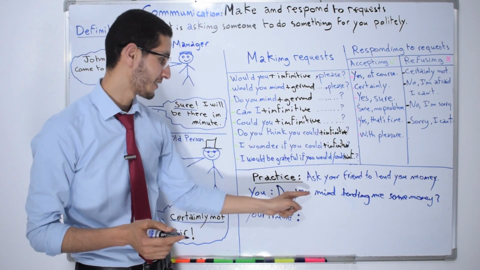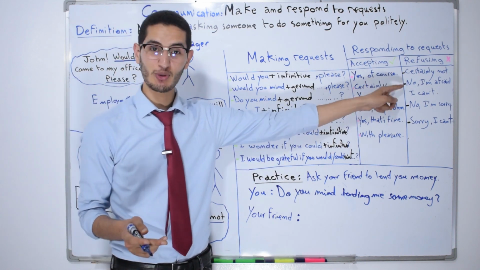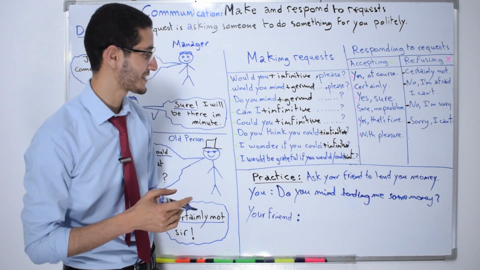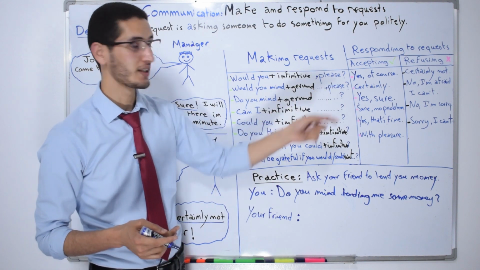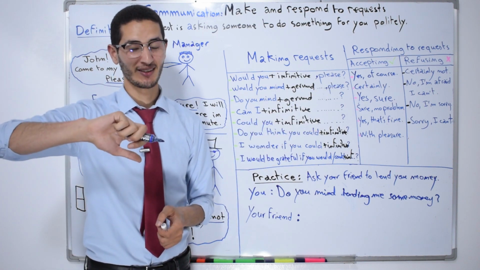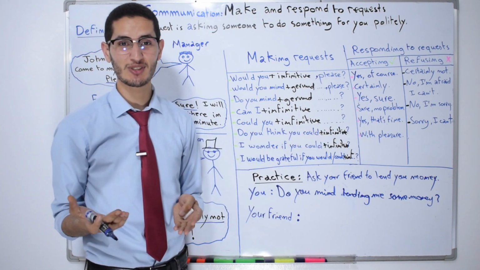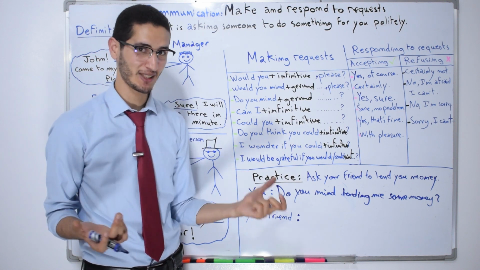Do you mind lending me? He will say certainly not. And this is not refusing. Again, this is not refusing. This is accepting. Or he will say yes, of course. If he says yes, of course, then he's turning down your request. So he needs to refuse implicitly, but that's accepting in this case.